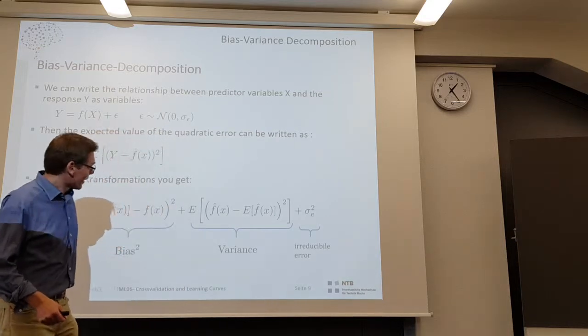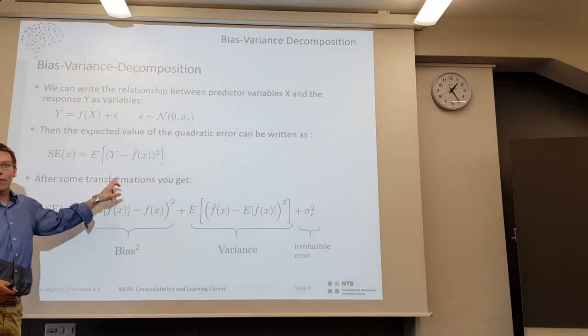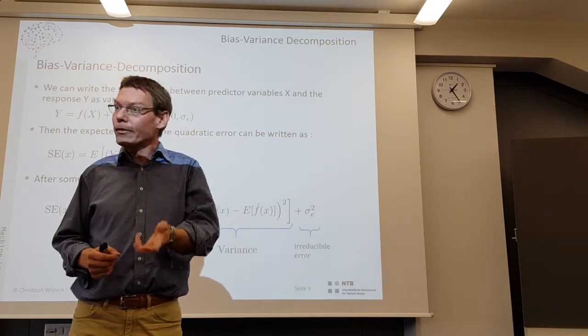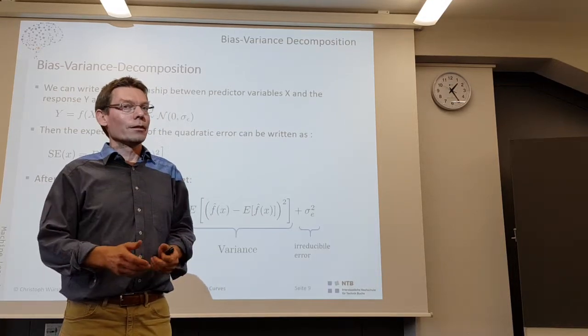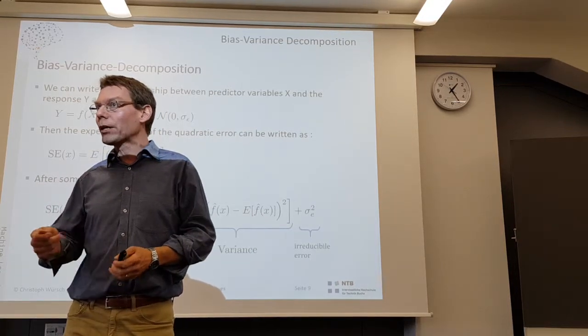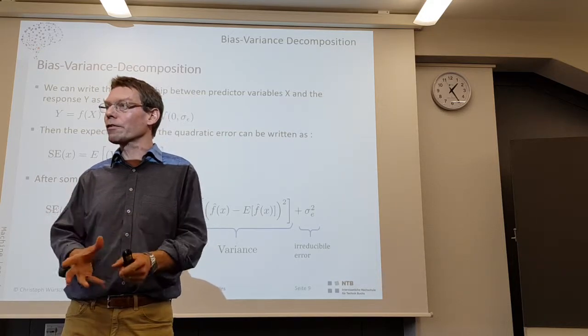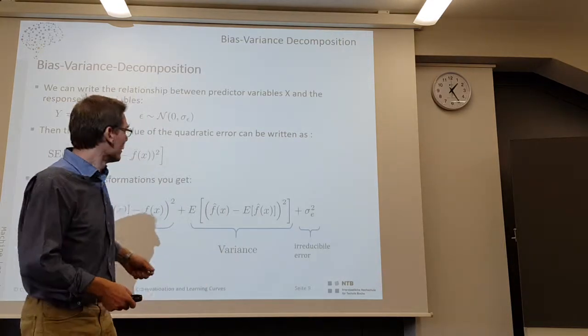Okay, one nice thing is, very often we take the squared error as a loss function. Like in linear regression, it's the sum of the squared errors. This is a nice property because we get an analytic solution for it. It's a linear equation that we can solve, the normal equations, and we get the optimal parameters.